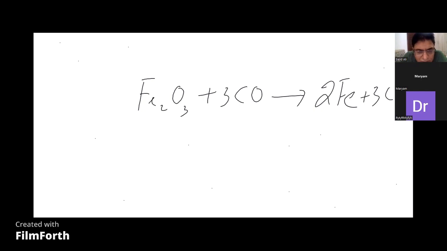This equation is already balanced. You can check the number of atoms of each element are equal on both sides. We have 2 iron on this side, 2 iron on this side, 3 carbon, and 6 oxygen here, 3 plus 3, and we have 6 oxygen. So oxygen atoms are balanced and the rest of the elements are also balanced.